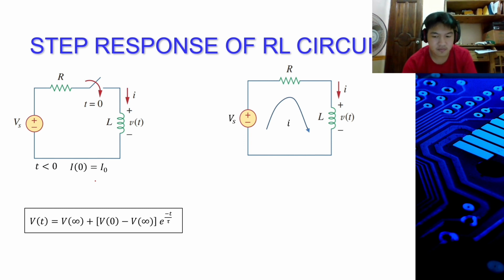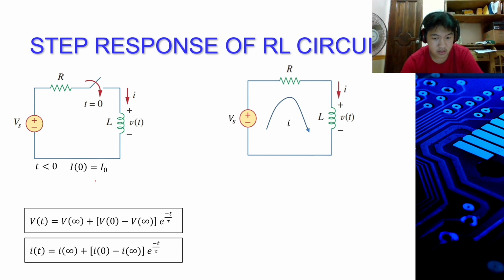In this case sa RL circuit pod is I of t is equal to I of infinity plus I of 0 minus I of infinity times e raised to negative t over tau.